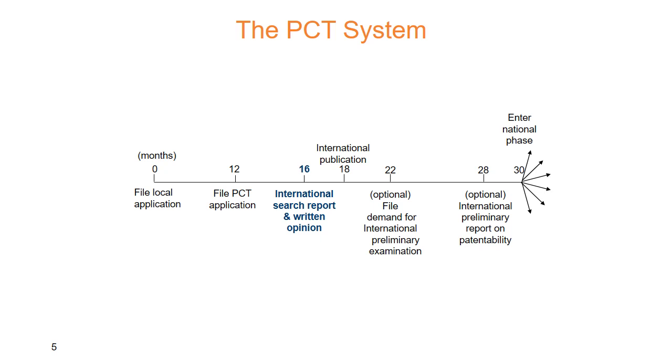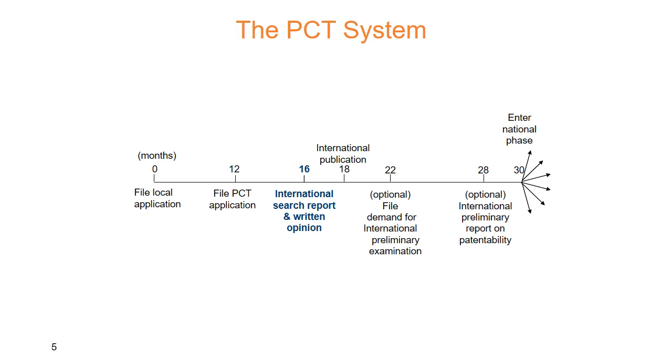One concerns the requirements for according an international filing date, and the second is the formal and physical requirements under Article 14. These two things are checked first. After that, the international search report is prepared, and the application is transmitted to the International Searching Authority.